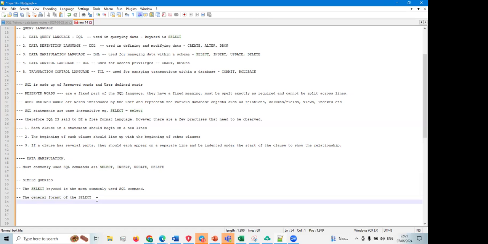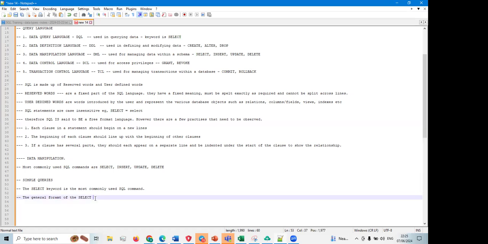It doesn't mean I cannot write them as lowercase. But it's more like what I like to use. So if you want to use lowercase, you are free to do that. But once you've selected a particular format, it's always good to stick to it so that your query becomes easily readable and makes sense to people.